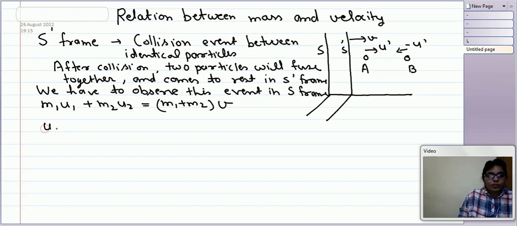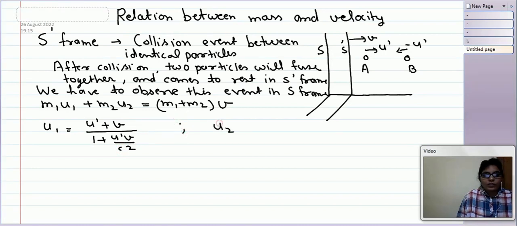Now let us write the value of u1 following the previous equation, which we derived on the earlier page. u1 is equal to u dash plus v divided by 1 plus u dash v by c square. Similarly for u2, u dash is minus u dash, so it is minus u dash plus v divided by 1 minus u dash v by c square.